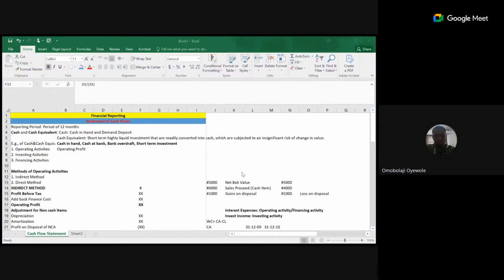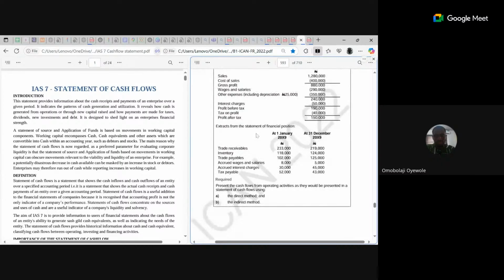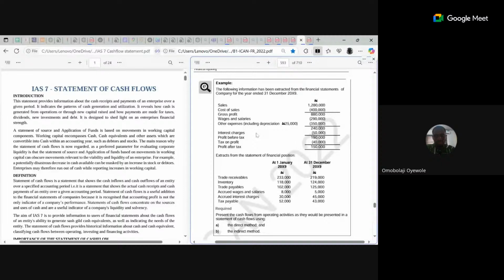Let's look at this particular example. If we can screenshot it, so that we quickly look at it.